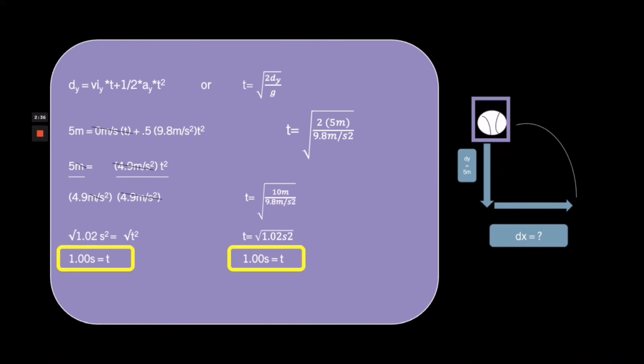Now let's continue to solve. Again, this is the formula that we will use to solve time, and this is the simplified version. You can choose either equation; this will give you the same answer. So let's substitute. dy is 5 meter, as you can check in the earlier slide.